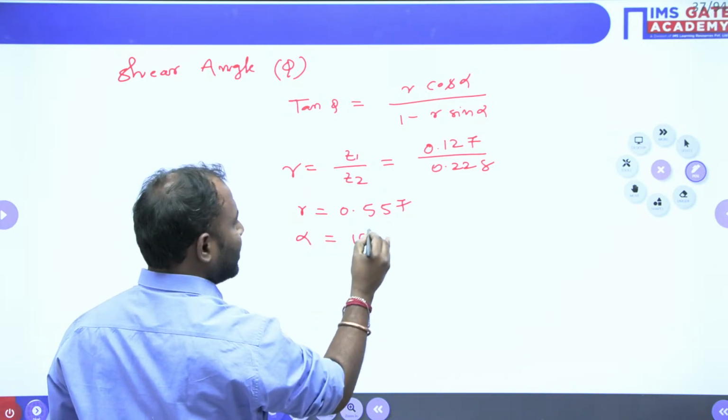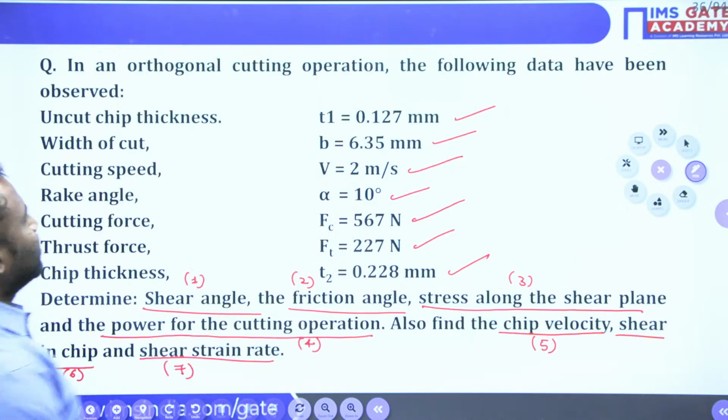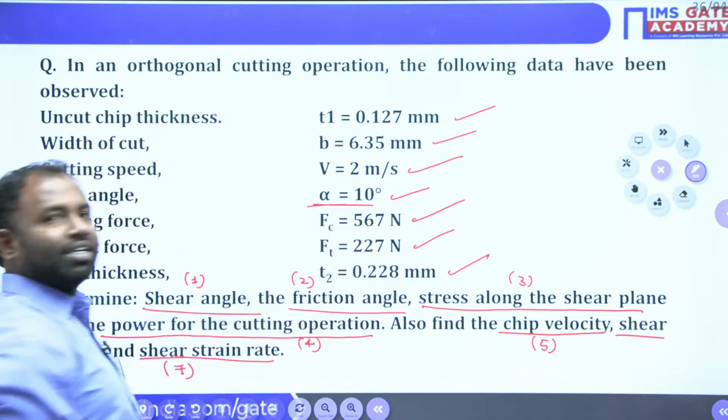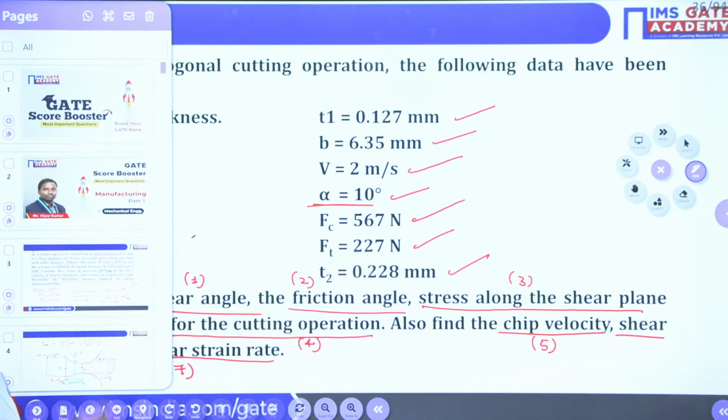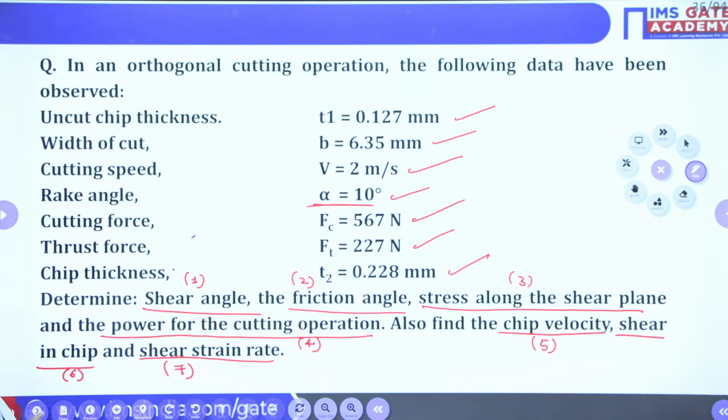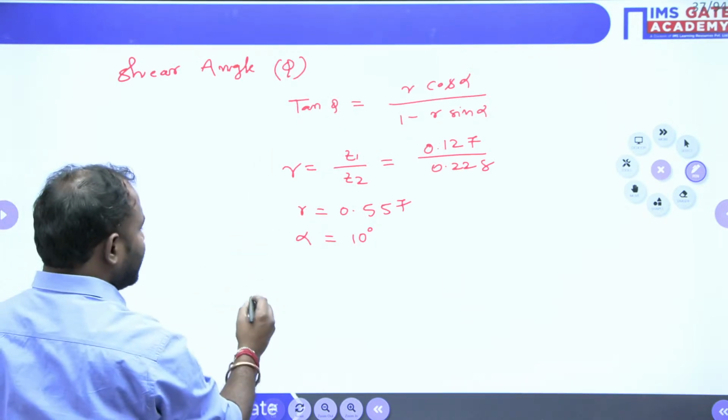The rake angle is 10 degrees, so alpha is given as 10 degrees. Now let us substitute that.